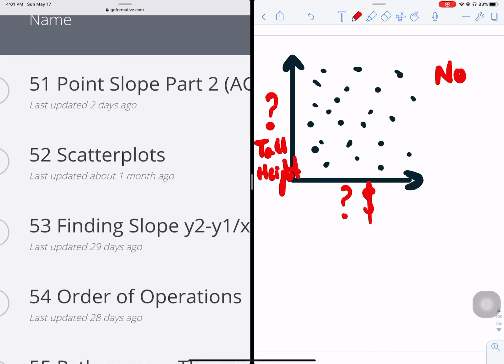So if somebody's really short, they can make a little bit of money, they can make a lot of money. If someone's really tall, they can make a little bit of money, they can make a lot of money. There's no such thing as like, well, tall people make more, or short people make more, or short people make less. So in that case, if we were comparing height and money, then there'd be no correlation.